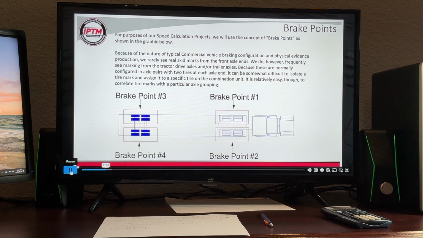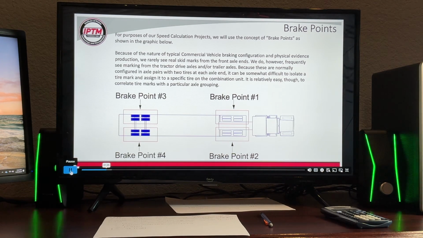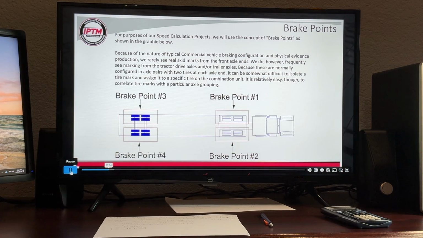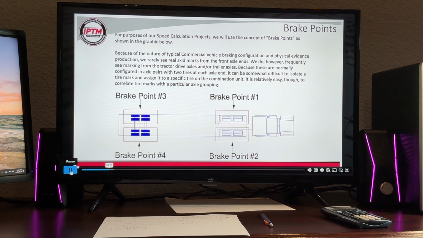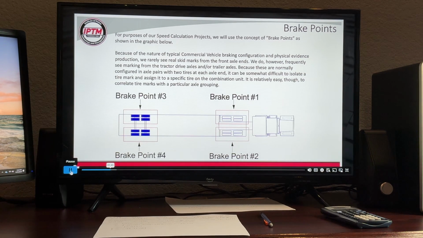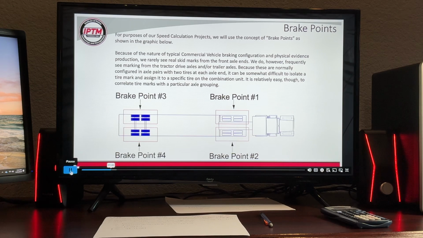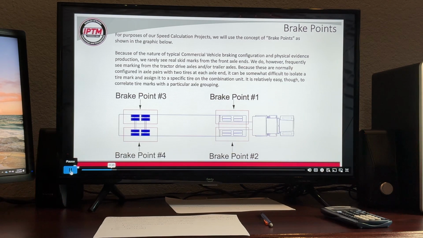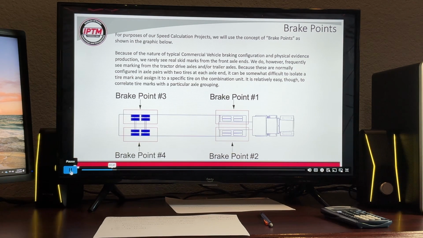I can look at the construct of these tires and see maybe the drives have got lug tires on them where the trailers have ribs, and I can say reasonably certainly, for instance, that a particular set of marks belongs to the left side of the trailer. But oftentimes, trying to decide if it came from the front axle of the trailer or the rear axle of the trailer can be a little bit more difficult.